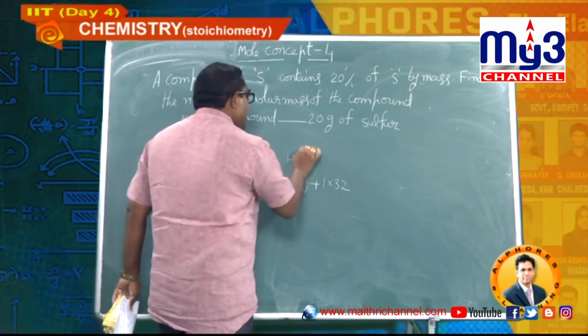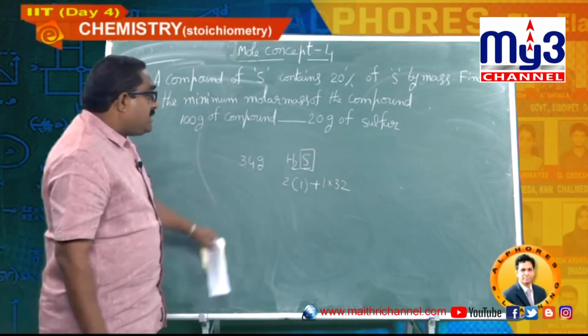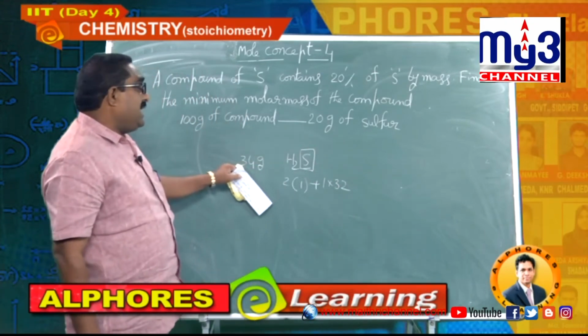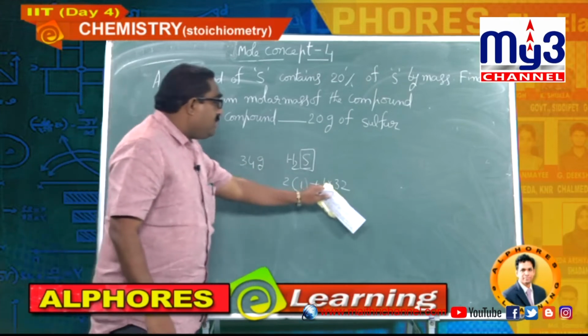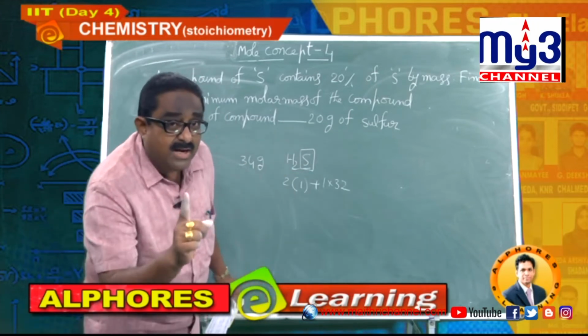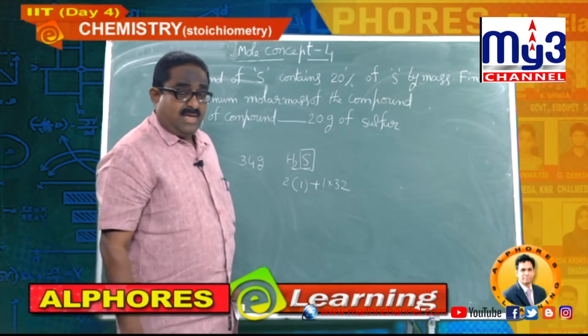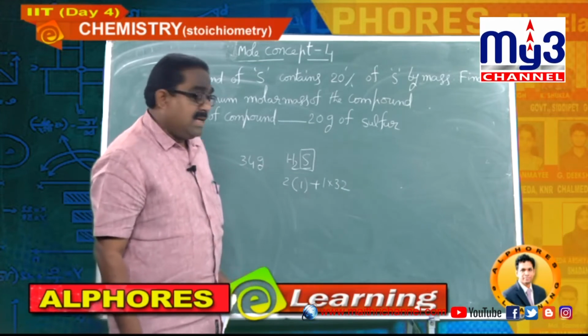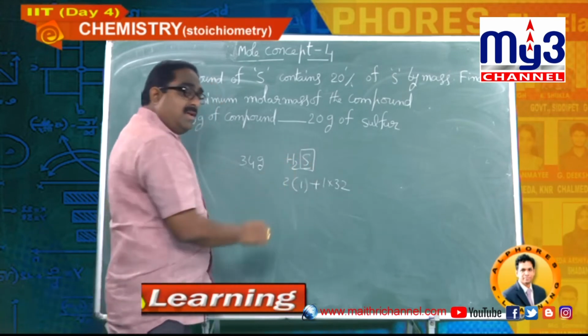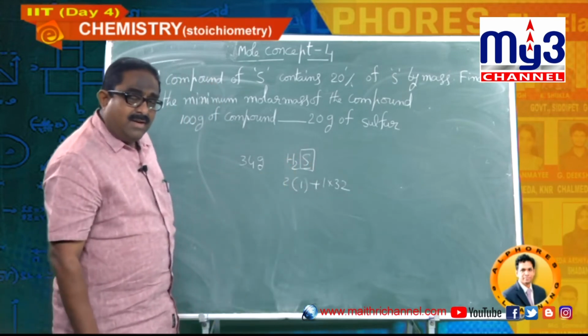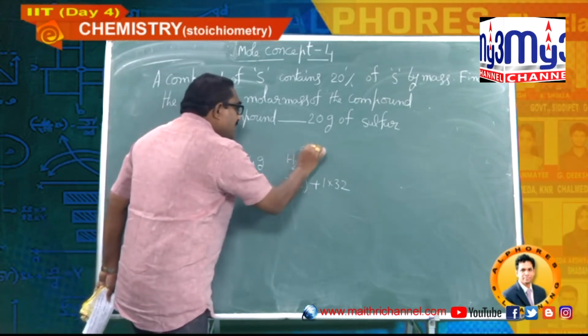Means, what is the minimum mass of sulfur that should be present in 34 grams of H2S? Minimum 32. At least one sulfur atom should be there. Yes. In this molecular formula of hydrogen sulfide, one sulfur atom is there.